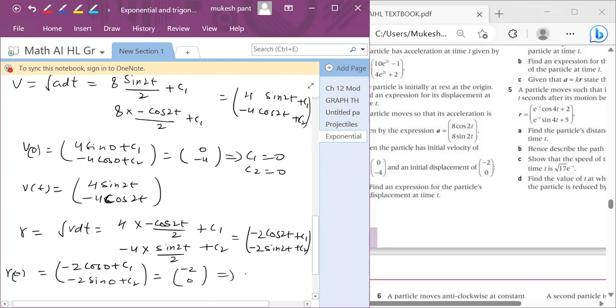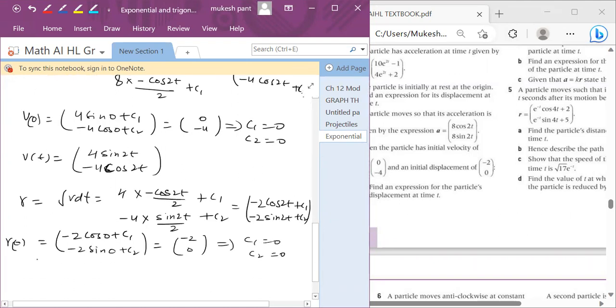So if you solve, you get c1 equals 0, c2 also 0. So then r(t), the displacement vector, will be minus 2 cos 2t minus 2 sine 2t.